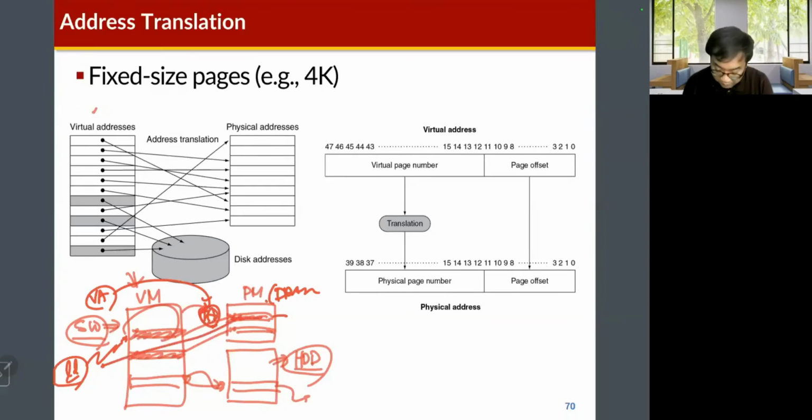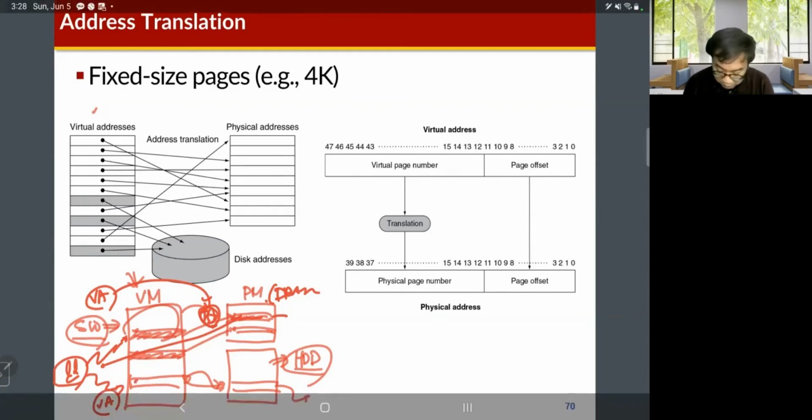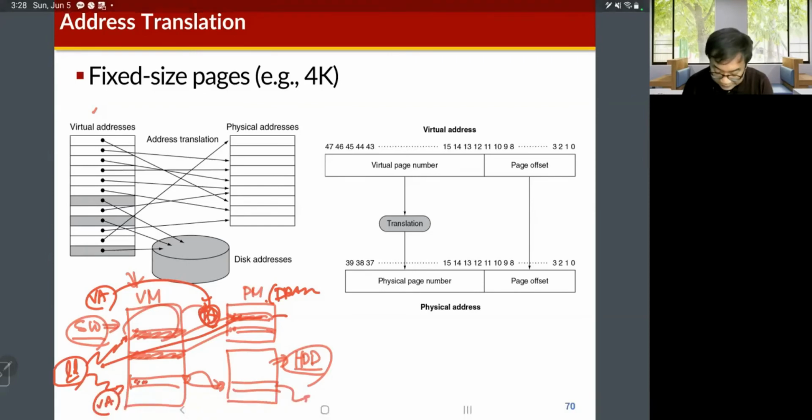And how about this? The software accesses this data with the virtual address, but this data is not mapped to the physical memory because of the limited size of the physical memory. This data can be found in the storage devices, like here.